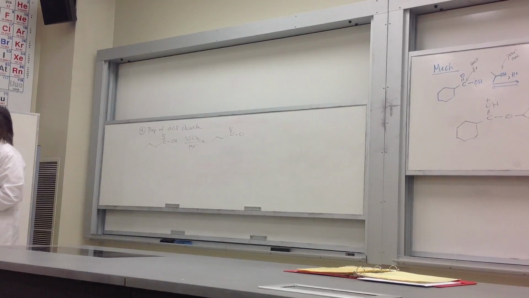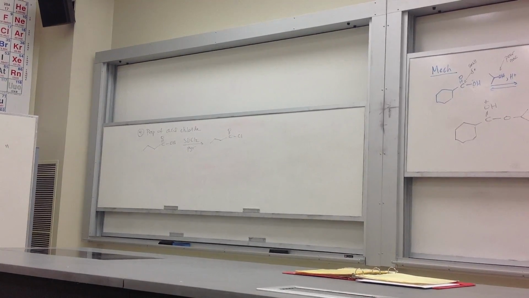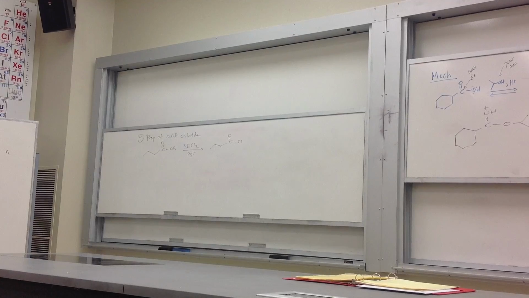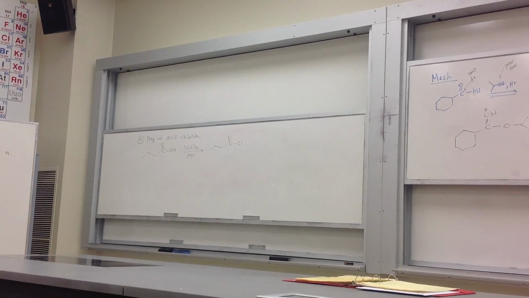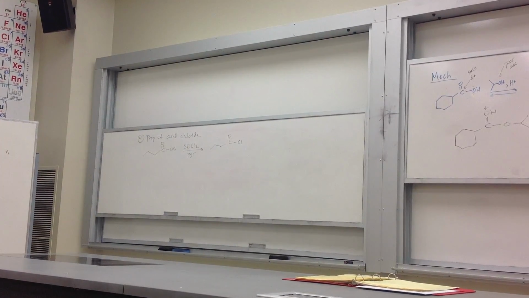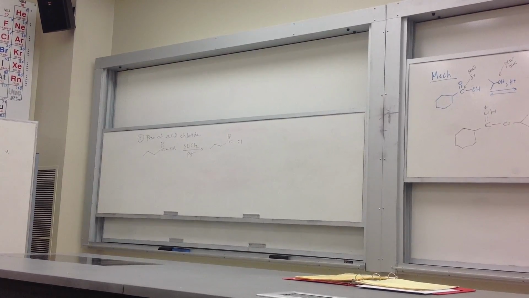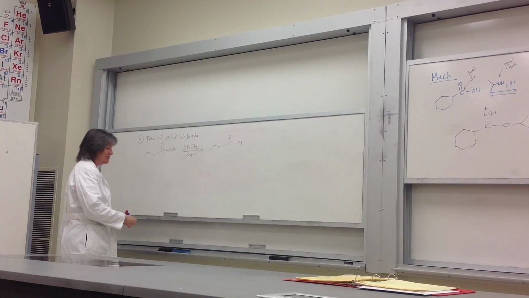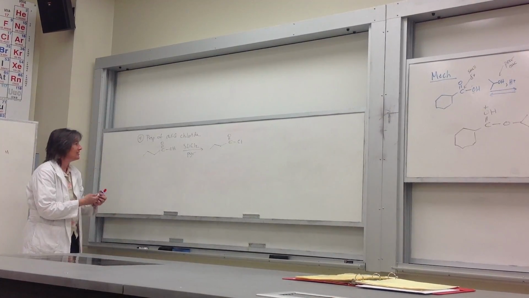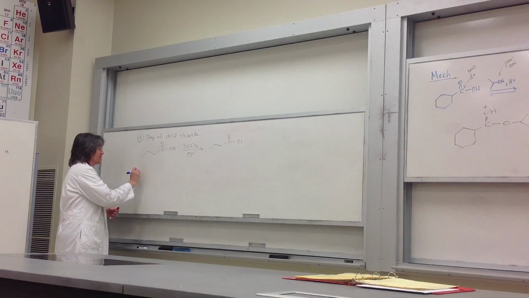We've done a lot of things with that. We used to do Friedel-Crafts with it. We made amides with it. We did one other thing, I can't remember what, with it. We've made acid chlorides a lot, but we've never actually looked at how it happened. So the time has come to take a look at that. So let's do a mechanism.